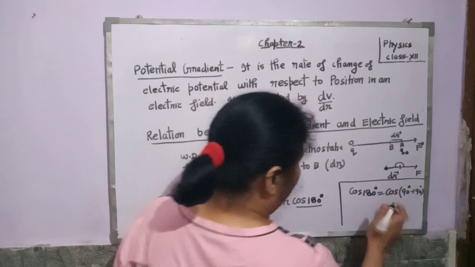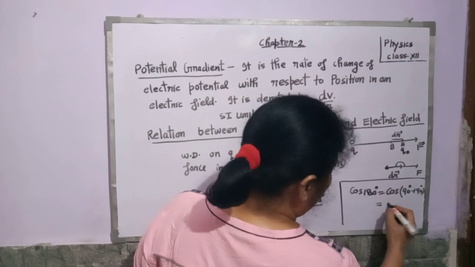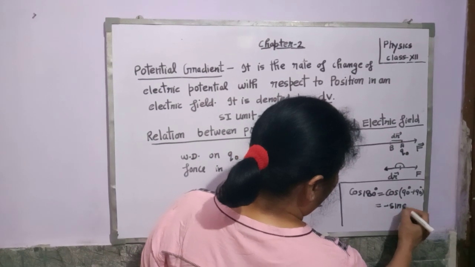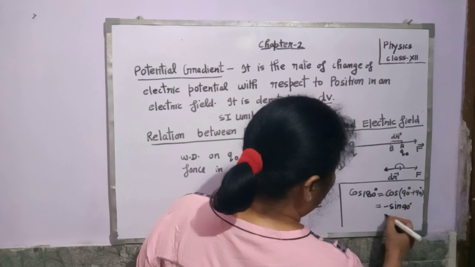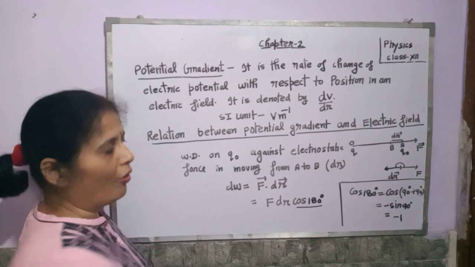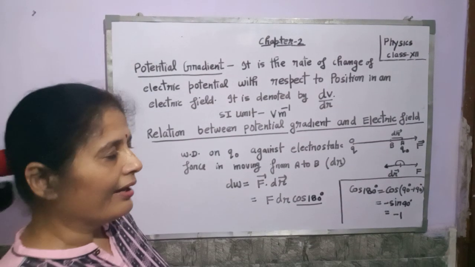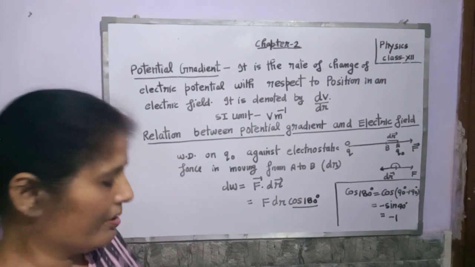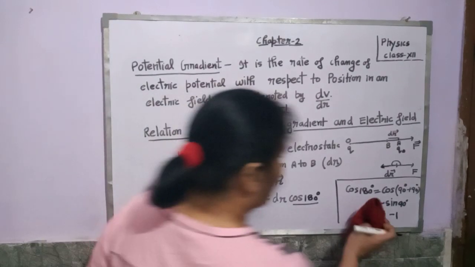Therefore this will be negative. This becomes equal to minus sine 90 degree, and the value of minus sine 90 is equal to minus 1. You can write the value of cos 180 degree directly in the examination. You do not have to determine this value separately.